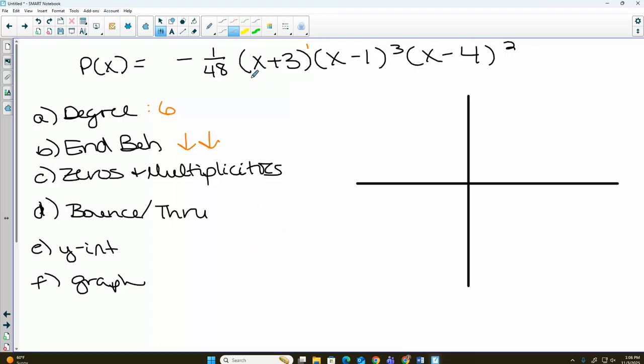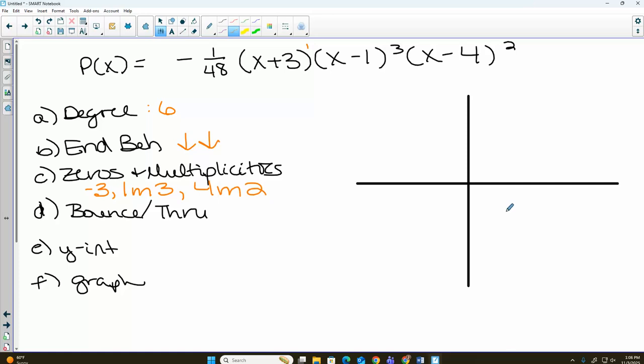Zeros and multiplicities. What makes x plus 3 equal 0? What about x minus 1? Right, since it's cubed, multiplicity of 3. And x minus 4? Everyone knows how to do that?